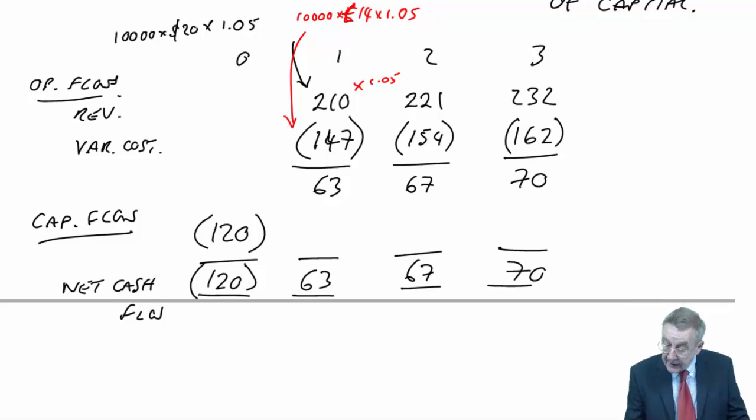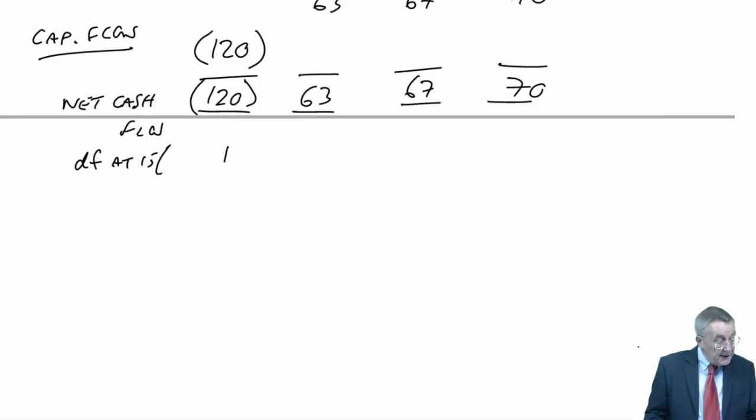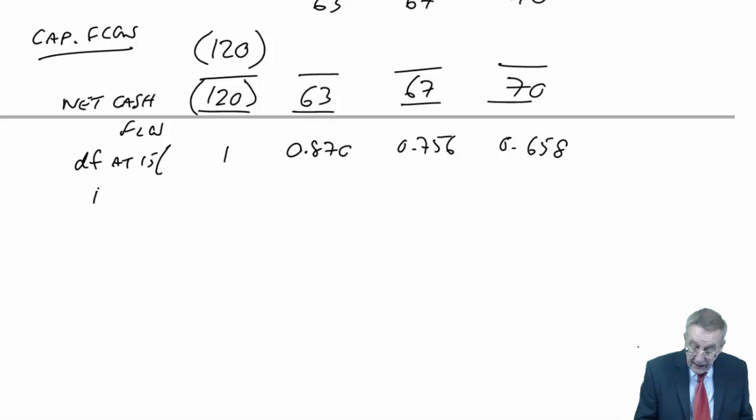The cost of capital is 15%. And so for my discount factor tables, for 1 year 0.870, for 2 years 0.756, 3 years 0.658.